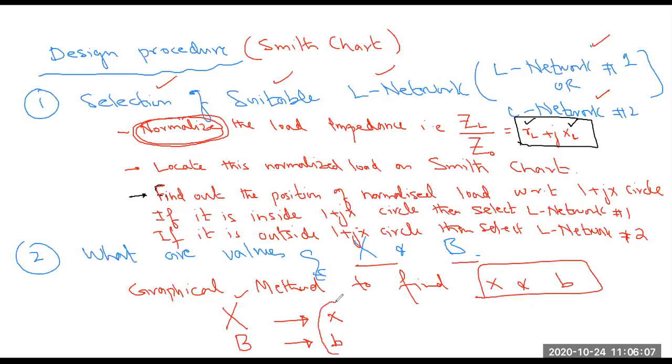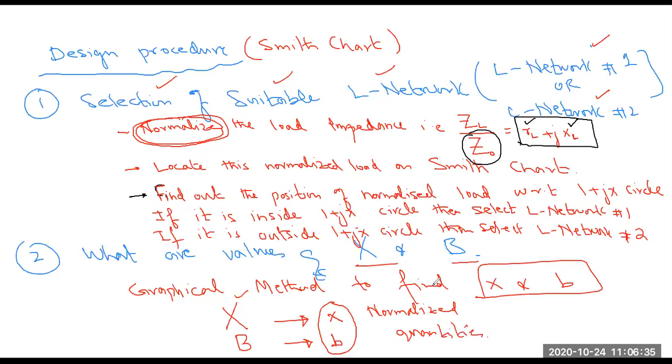Once you know normalized quantities, then it is very easy to find out the actual quantity, because you know which quantity we are using for normalization, Z naught. So how to unnormalize it? Of course, we will use Z naught for unnormalization.